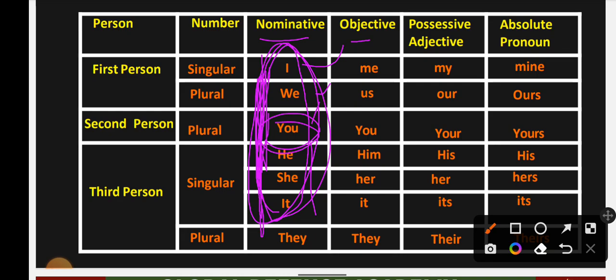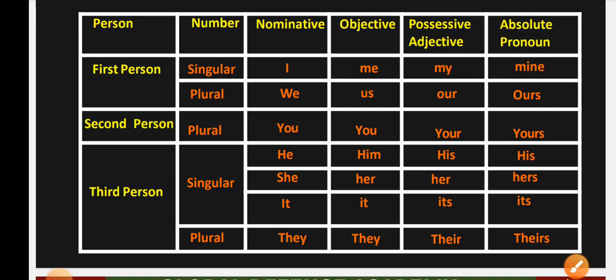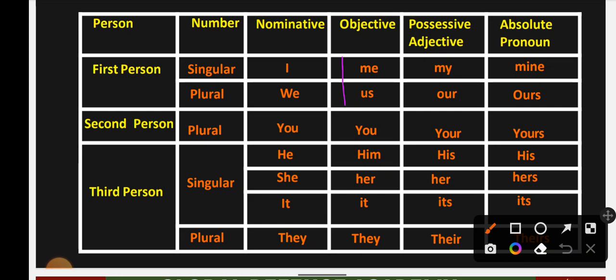Got it? Okay. Moving on to my next concept, and the next concept is objective case. What is objective case? These are the words which you can only use as an object of a sentence except you.